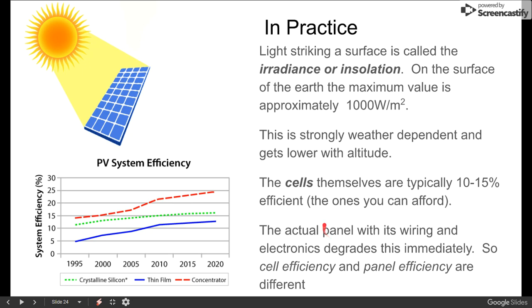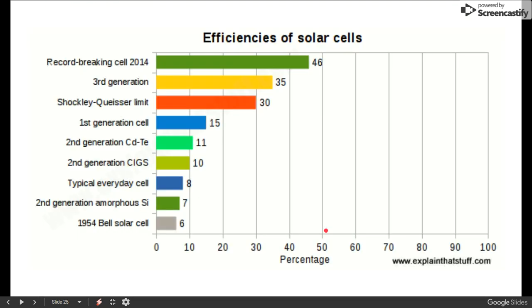So in any readings you do, there are cell efficiency and panel efficiency. This is how well the cells have been improving. Some of the top ones have almost hit 50% efficiency, but these are out of reach of the average person. This would be about as best you could do, realistically.